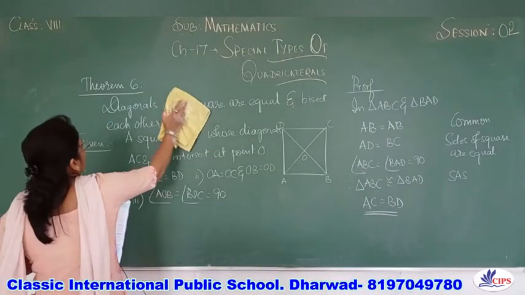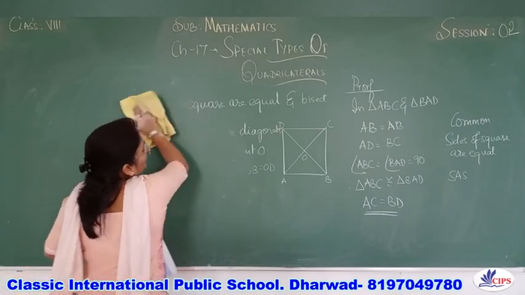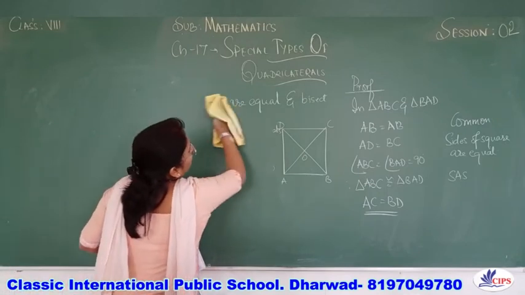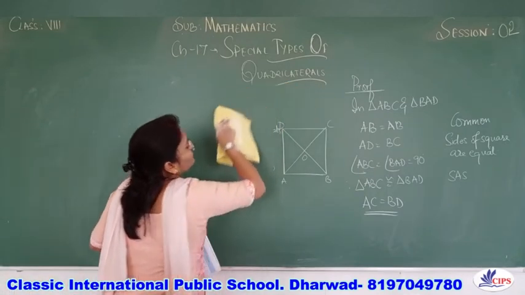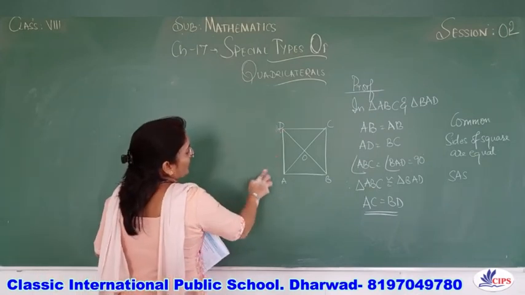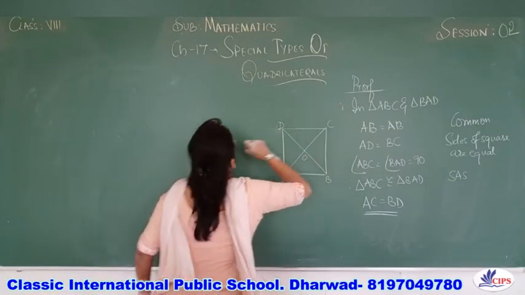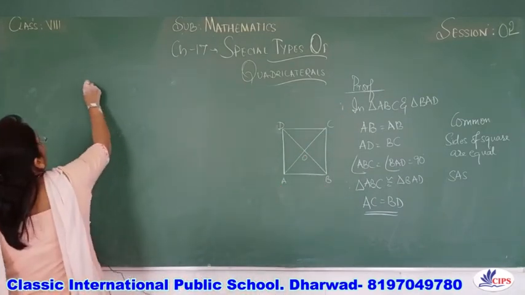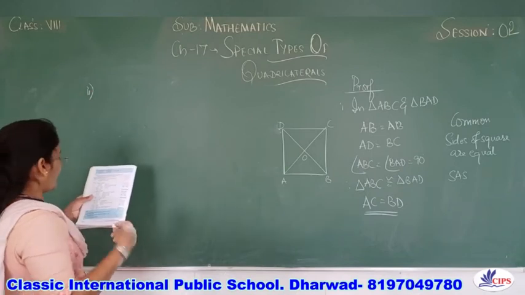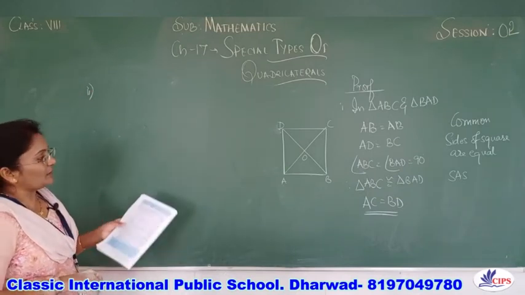So, I will erase this. Let us start the second one. Again, it is a proof only. Now we will consider triangle AOB and triangle COD.